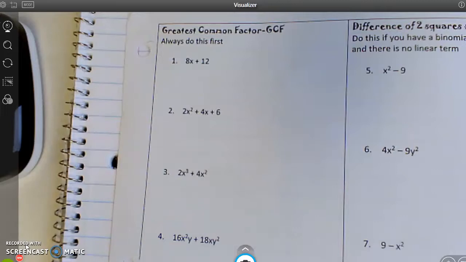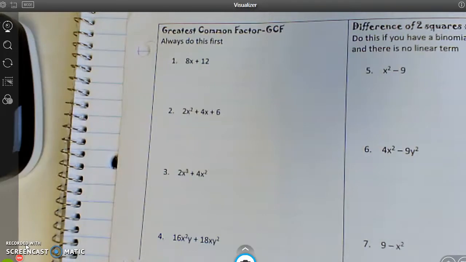Okay? When you do a greatest common factor, you're looking for the biggest number that everything will divide by. Okay? So when I look at number 1, there's an 8 and a 12. Well, I know 2 will go into both 8 and 12.